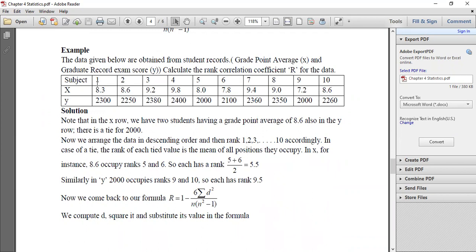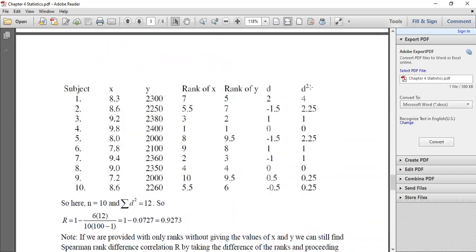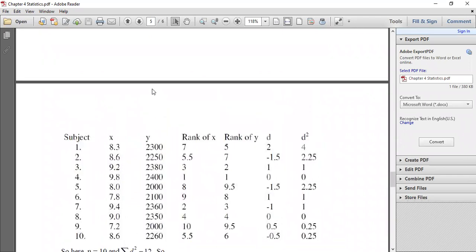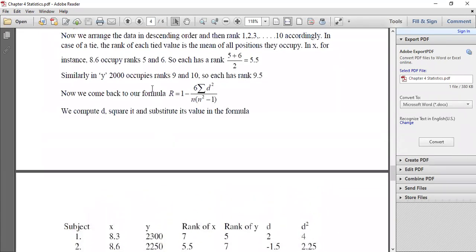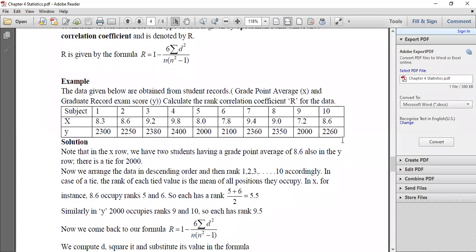The first person here is 8.3, 8.6, all the way to 8.6. Again, for Y, I've not altered. The first one is 2300 all the way to 2260.